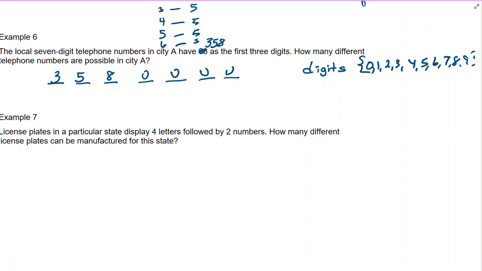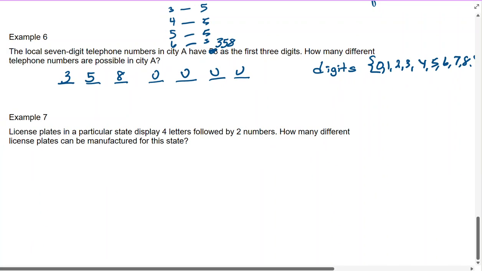All right. Now they give us one with license plates. In these license plates we have letters and we have numbers. So a license plate in a particular state has 4 letters and 2 numbers.